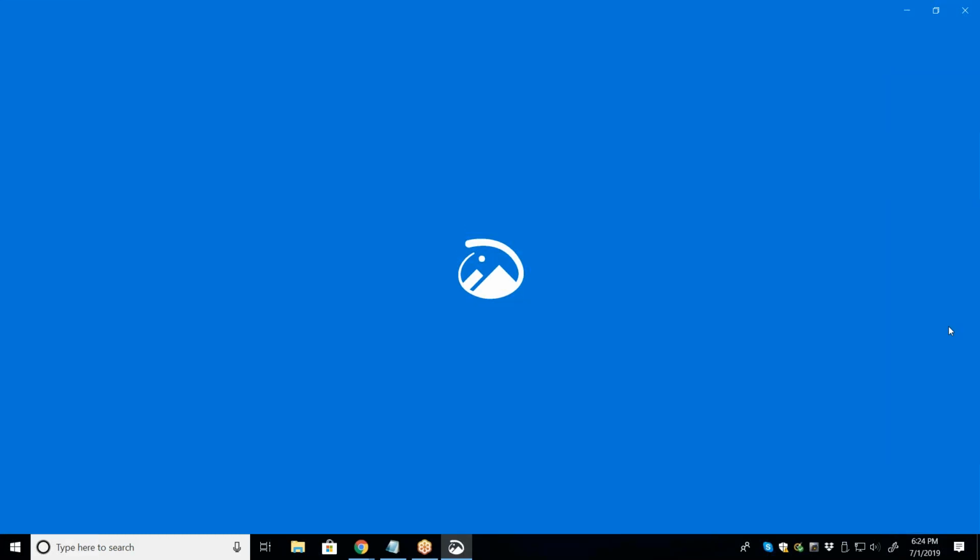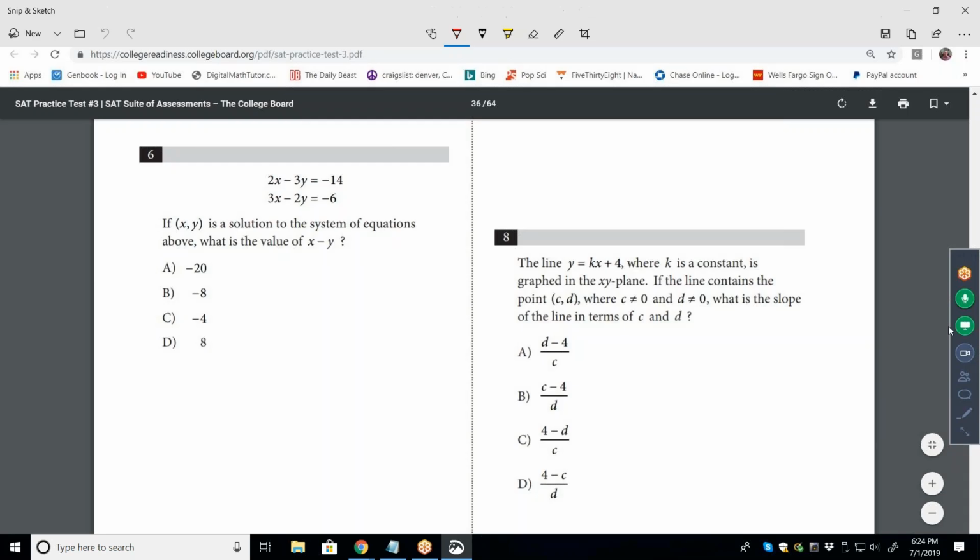Both of them. So what do I multiply at the top? Well, let's call this equation 1. Let's call that equation 2. So what are you going to do to equation 1?